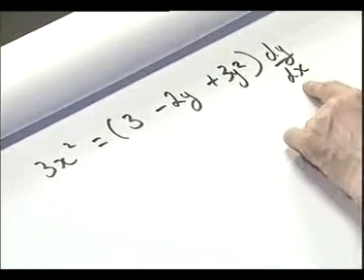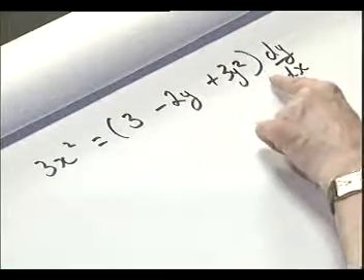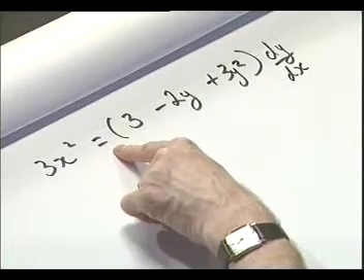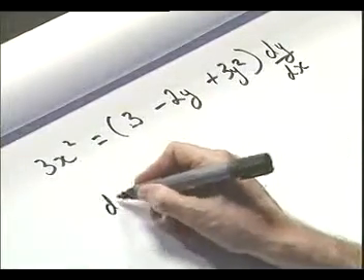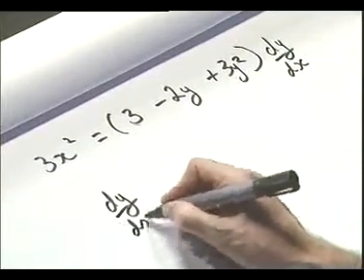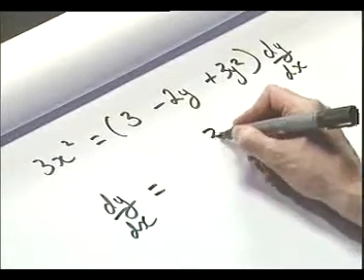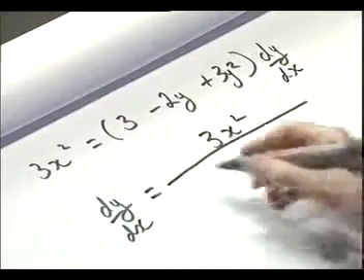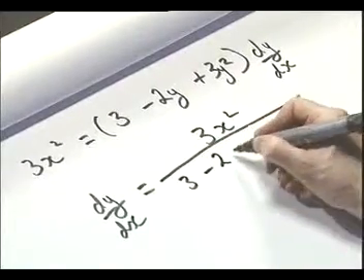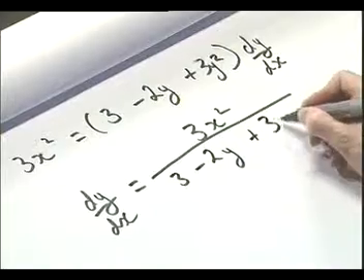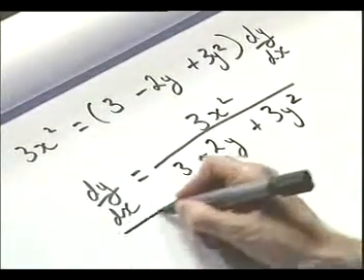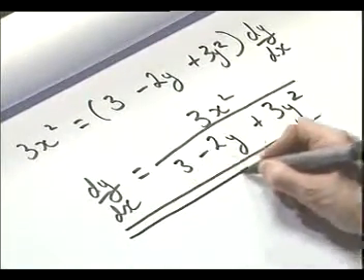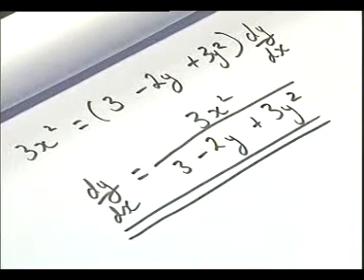So now we can get dy by dx on its own if we divide throughout by this expression. And so dy by dx is equal to 3x squared, dividing both sides by 3 minus 2y plus 3y squared. And there we've got our expression for dy by dx.